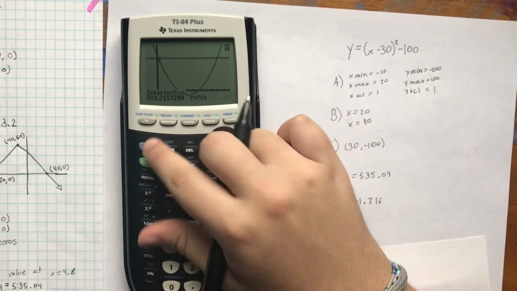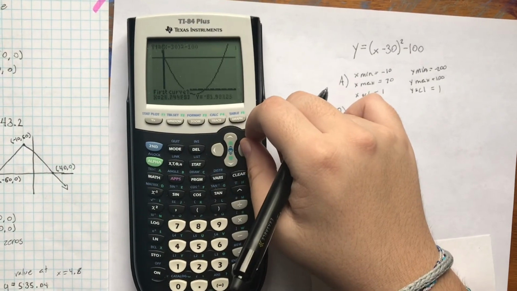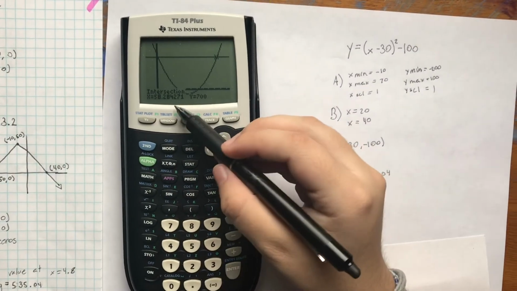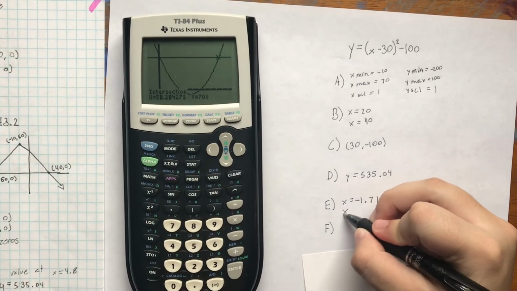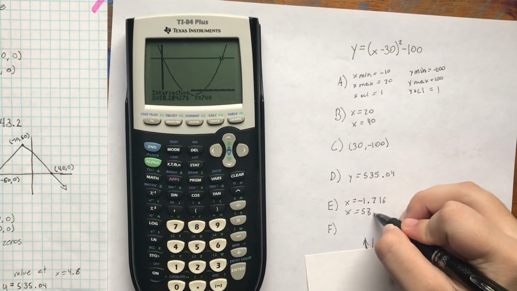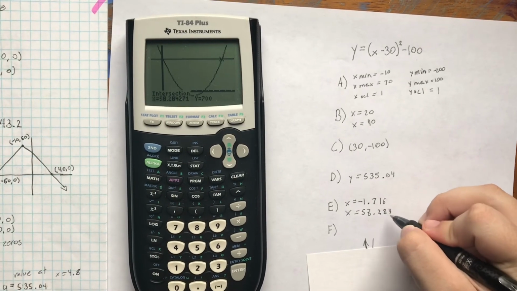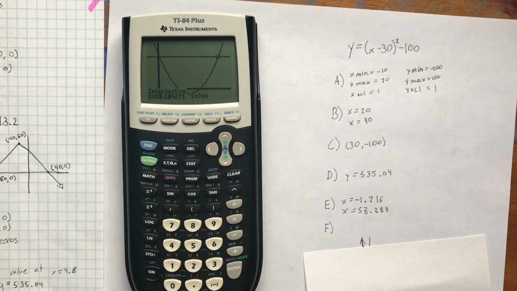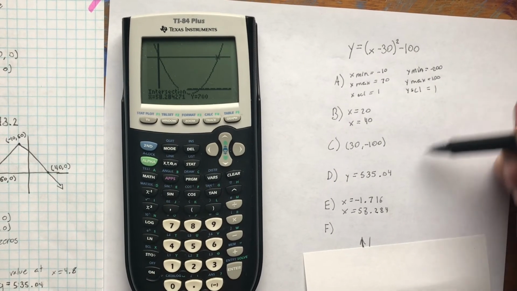And you're going to do the exact same thing with the second one. And there is your second x value intersection there. X equals 58.284. Once again, rounding off that number there. And so those are your answers, A through E.